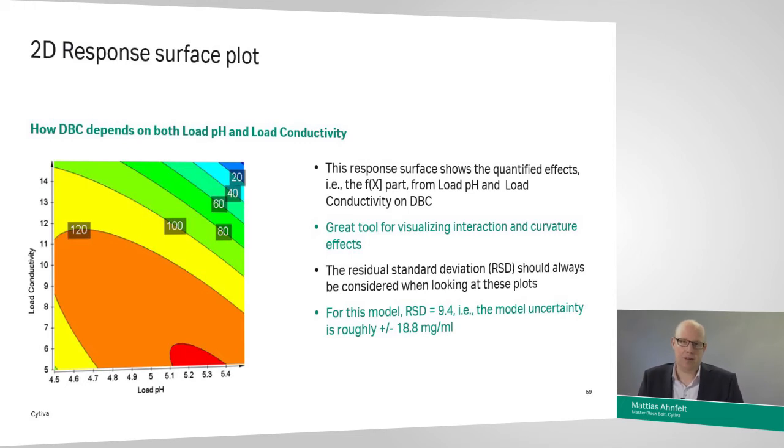Now, the nice thing about interpreting these graphs based on DoE is that with DoE we actually did experiments in the corners of this graph and in the center, and in addition also for the start point. So we have a very good experimental foundation for making this graph and looking at it and making conclusions from it.